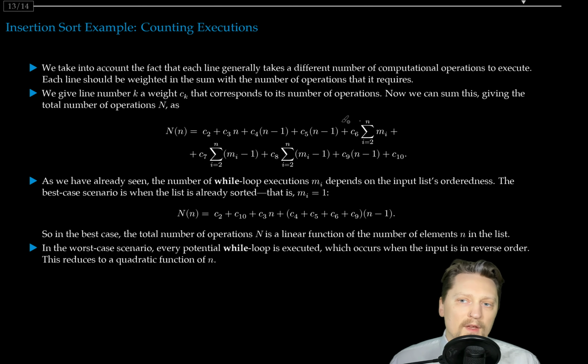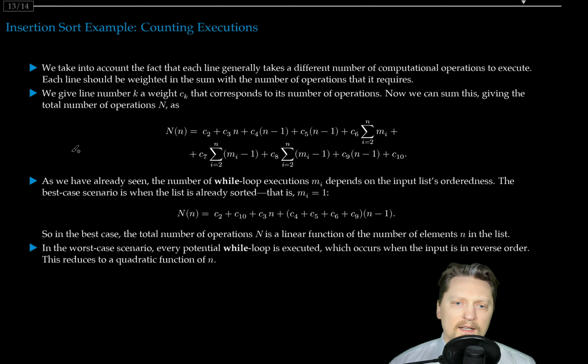Now we can sum this, giving the total number of operations, big N of little n, equals c2, so the number of operations for line 2, plus c3 times n plus c4 times n minus 1. So these terms with n in them are the number of executions of each line, and the c terms are the number of operations for that line.